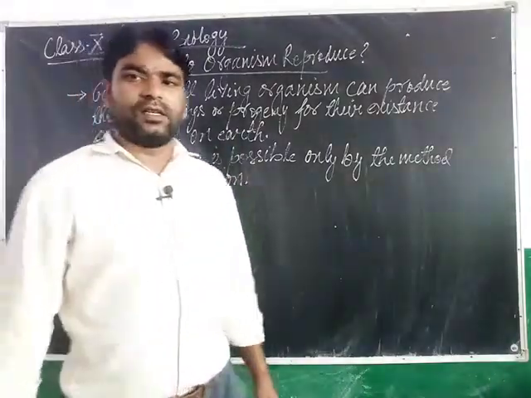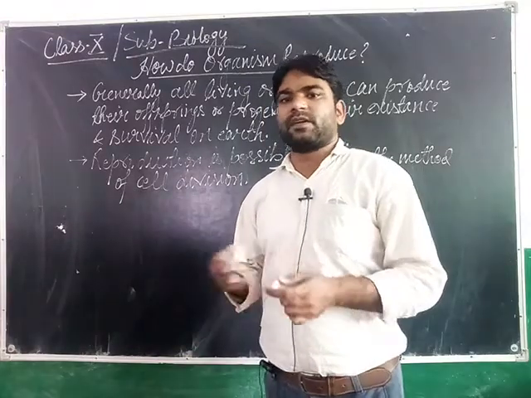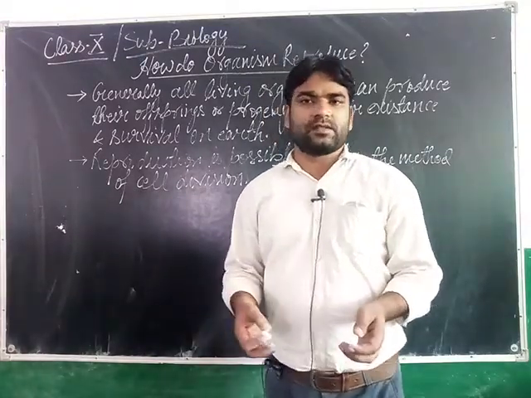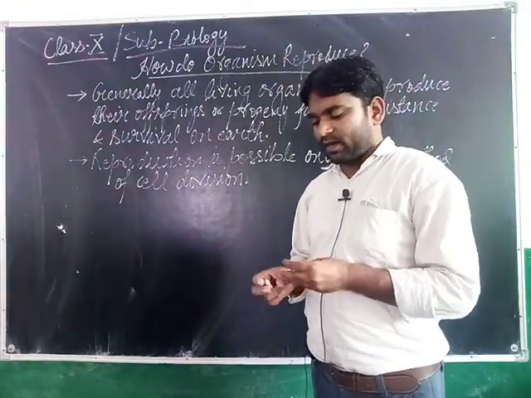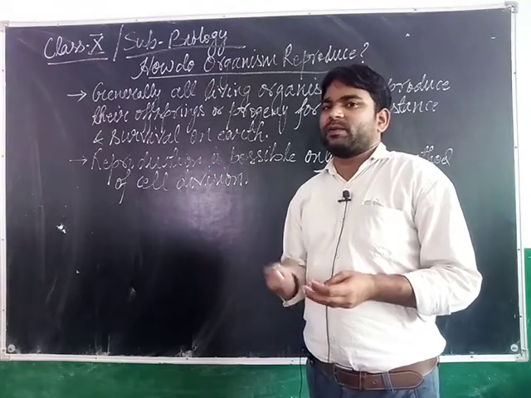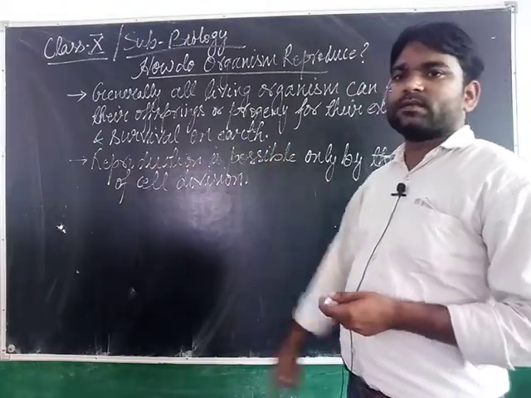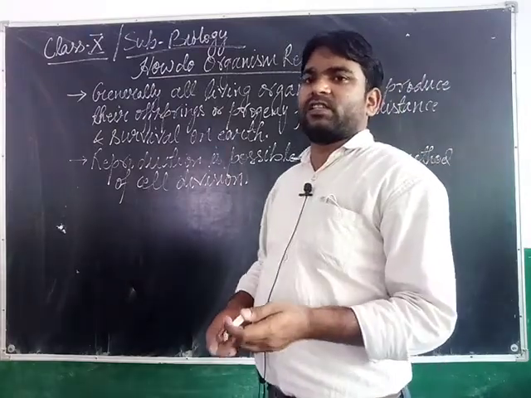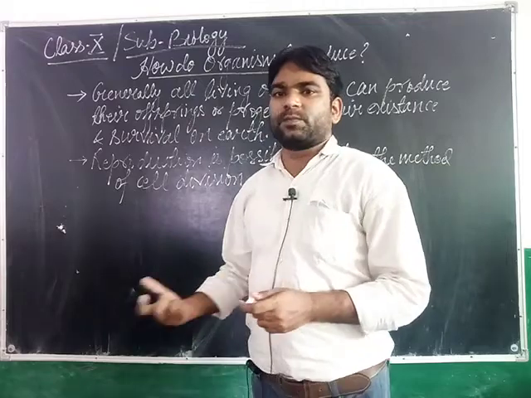By cell division there is formation of gametes, development of the embryo, formation of the fruit, the flowers, and other plant parts as well as animal parts. हमारा सेल भी डिवाइड होके फॉर्मेशन ऑफ द न्यू सेल्स occurs by the process of cell division. तो रिप्रोडक्शन means formation of new offspring, new progeny.